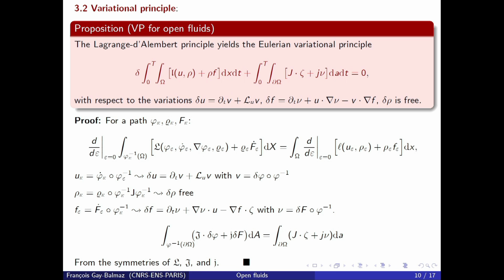So here is the proof of how we get this from the Lagrange-d'Alembert approach. If you want to know more, I can go to the details. But this is the usual approach, but taking account of the fact that the domain itself moves and that you have also boundary things moving around here, right?